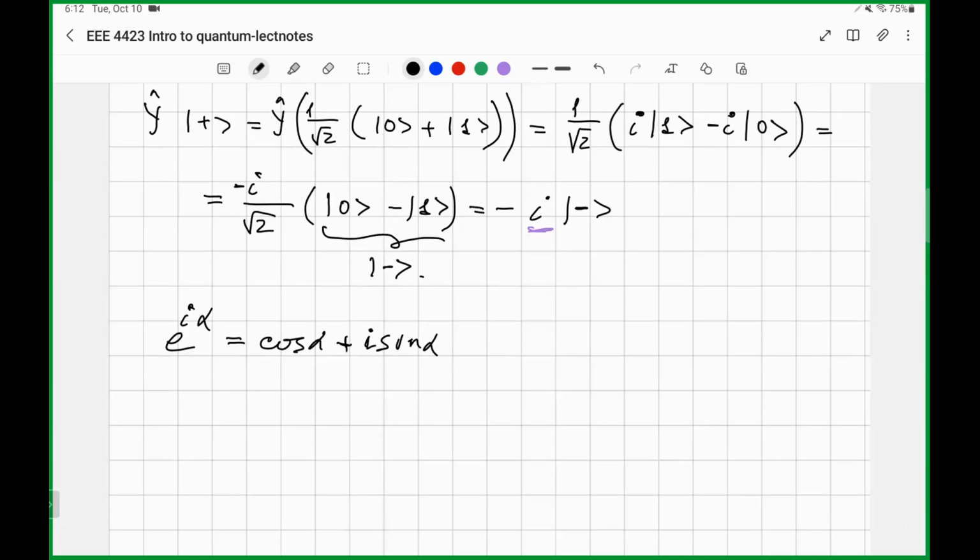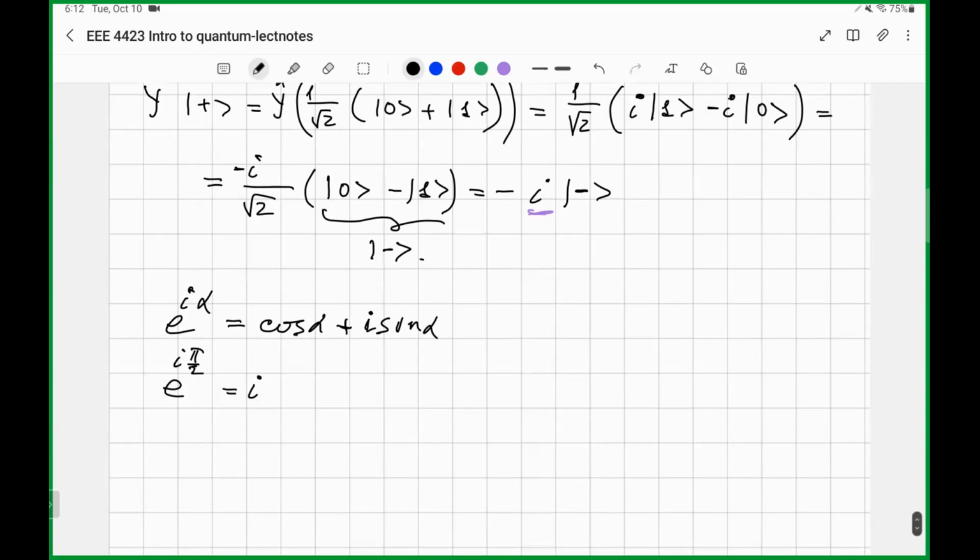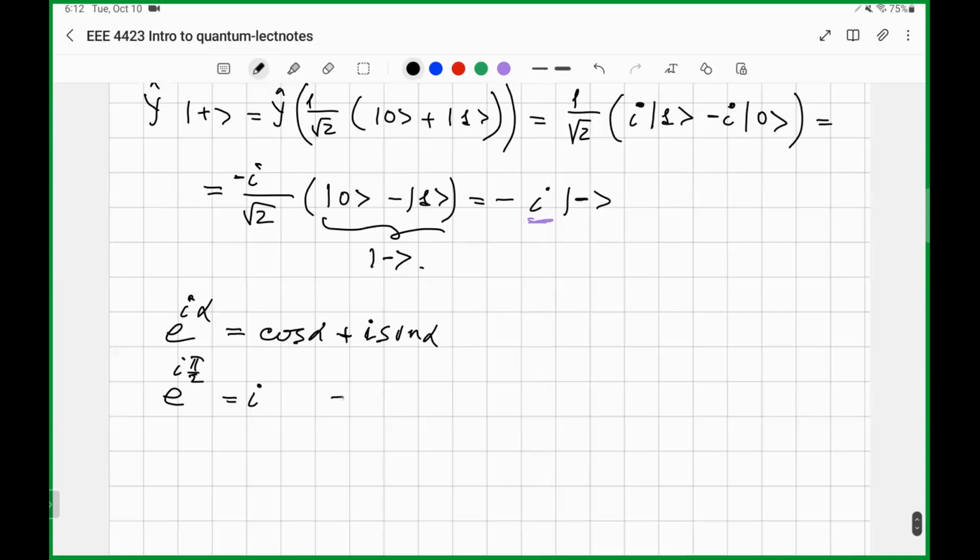I can represent the imaginary unit if cosine is equal to 0 and sine is equal to 1. So if lambda is equal to pi over 2, then cosine is equal to 0, sine is equal to 1, and I get the representation of the imaginary unit, which means that states like i minus can be rewritten as e to the power of i pi over 2 times minus, okay?